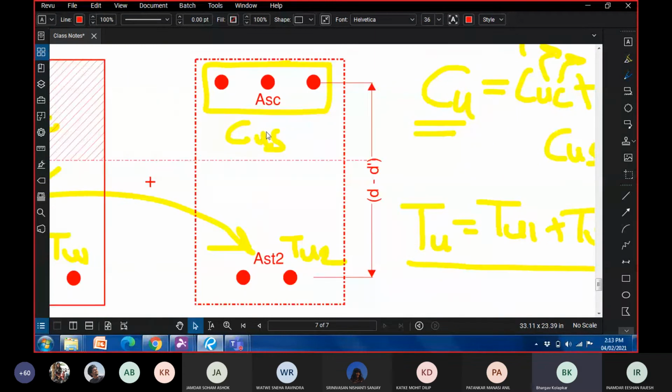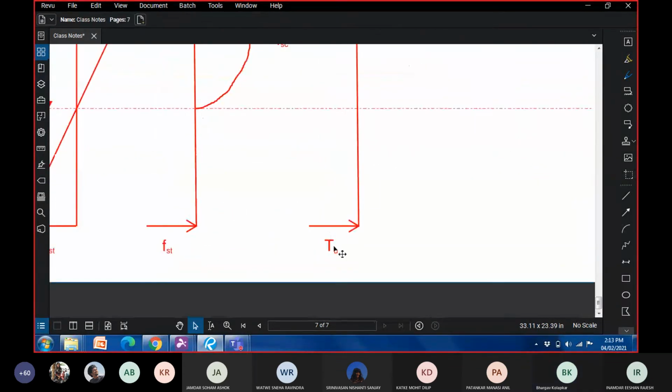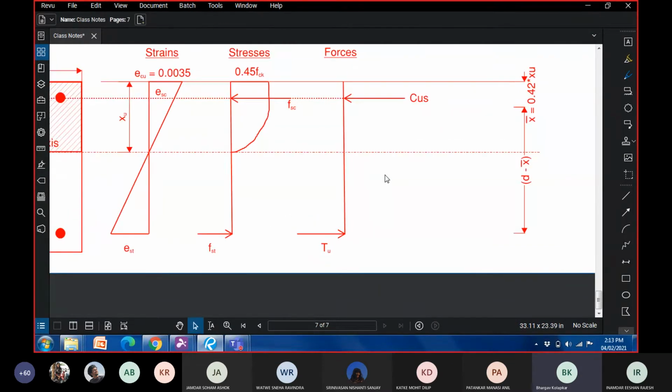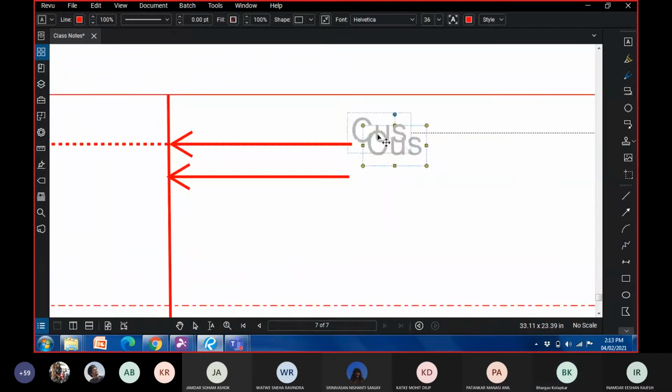We define it here, CUS. It is the compressive force in steel. This force is TU, the total tensile force. Then we'll have one more component, that is our compressive force in concrete, which we have seen acts somewhere here. So this is CUC.